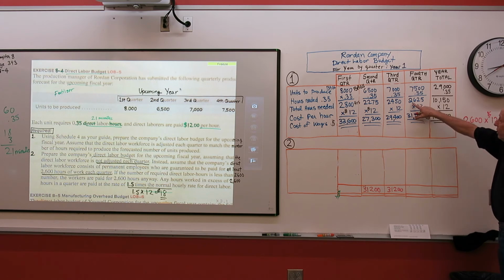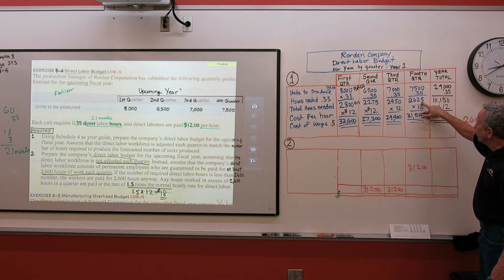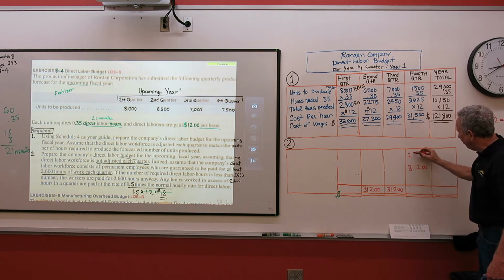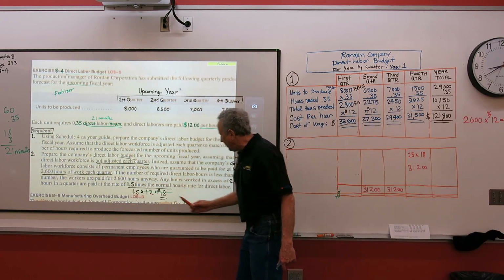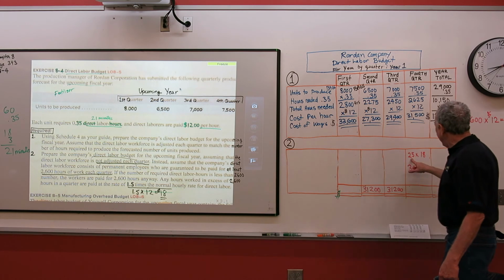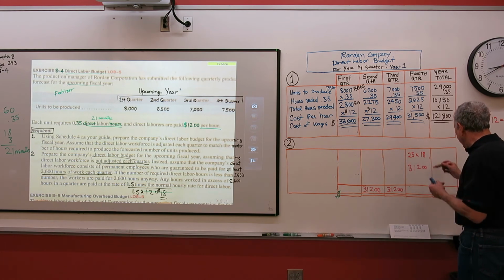How about this one? 2,625. Well, they're going to work the standard, which means they're going to work $31,200, but they're going to work 25 hours extra, you see? So let's just take 25, and that's going to be times $18 an hour. You remember? I said, $12, time and a half is $18. So 25 times 18, that's going to be $450.